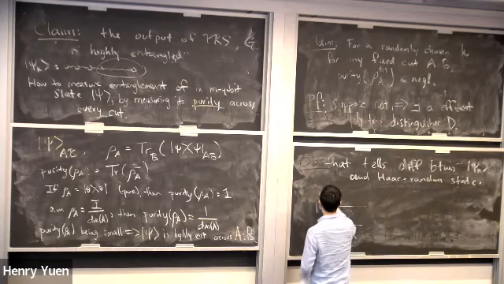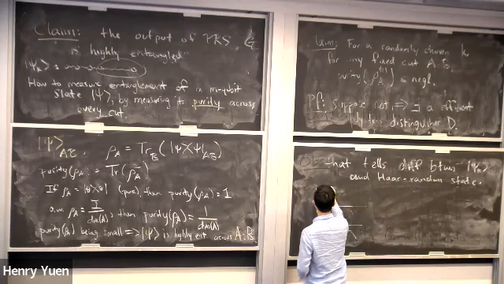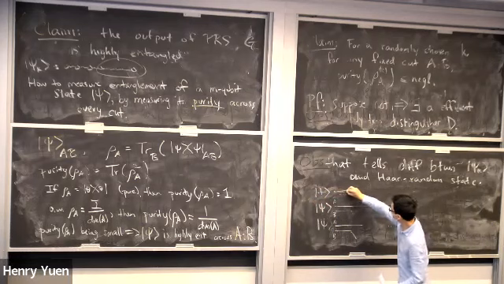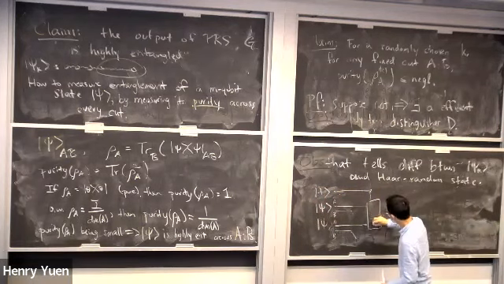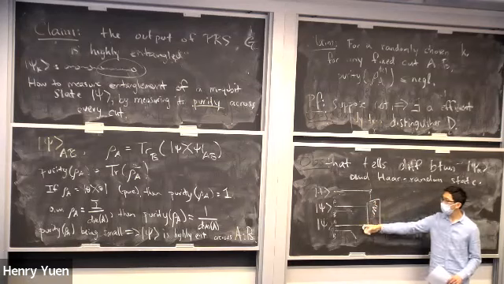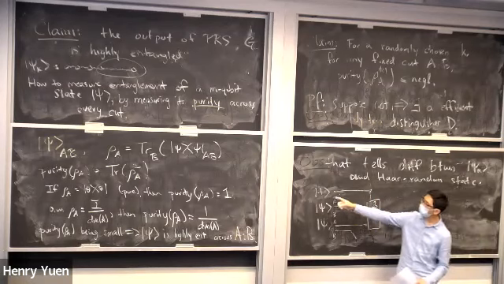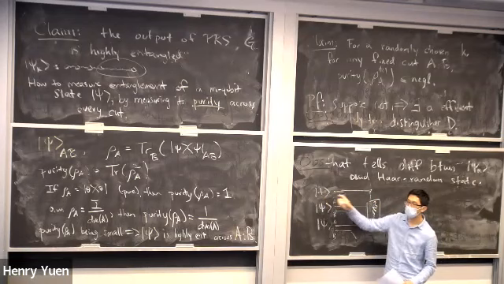To do a swap test, we introduce another qubit. This qubit starts off in the plus state, and controlled on this qubit it's going to swap these two sets of qubits with each other. Remember the plus state is a superposition between 0 and 1.